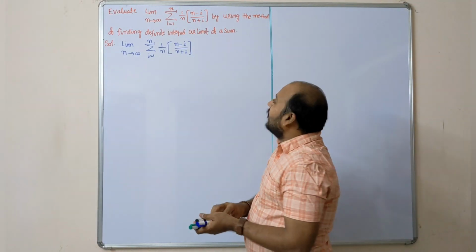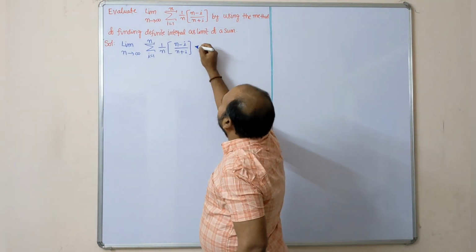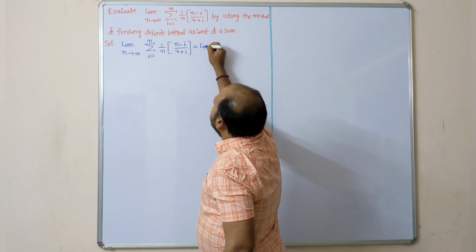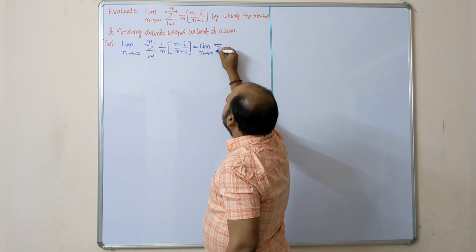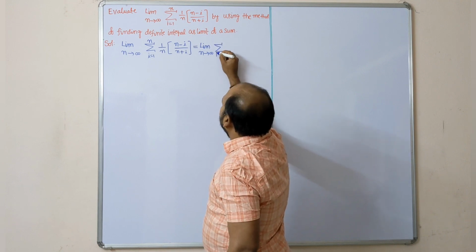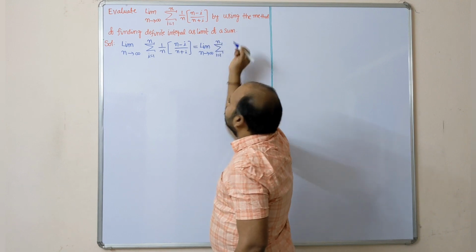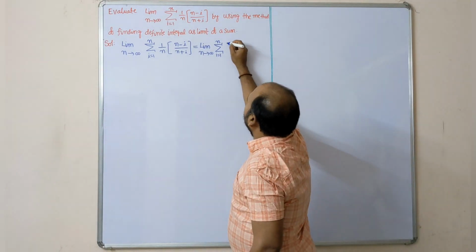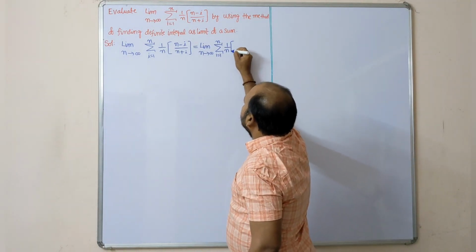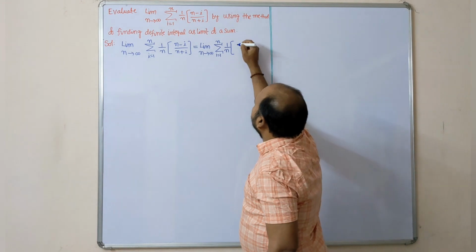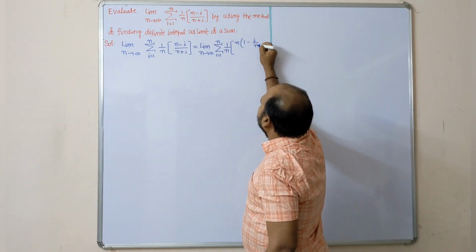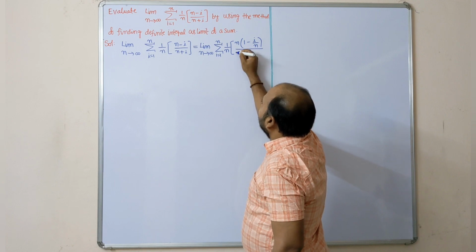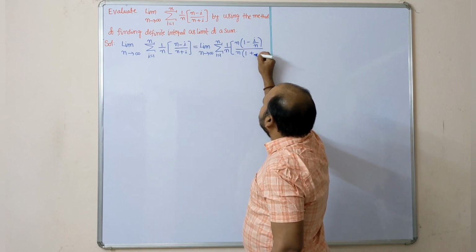How to get this i by n term: limit n tends to infinity, observe carefully, sigma i is equal to 1 to n, 1 by n, n taken common, n into 1 minus i by n by n into 1 plus i by n.